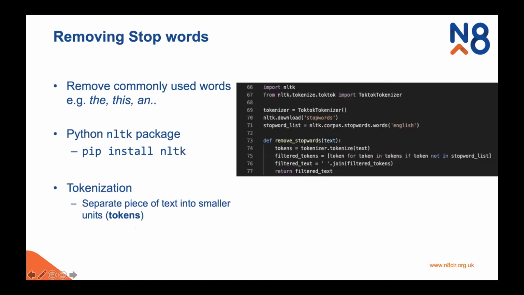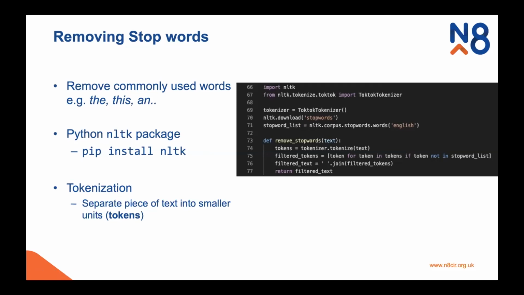Another important pre-processing step is removing stopwords. Stopwords are commonly used words that do not provide any additional information about your text. Examples are the, there, these, and things like this. It could be any kind of word depending on the context of your research, but by default these are just the very popular ones.